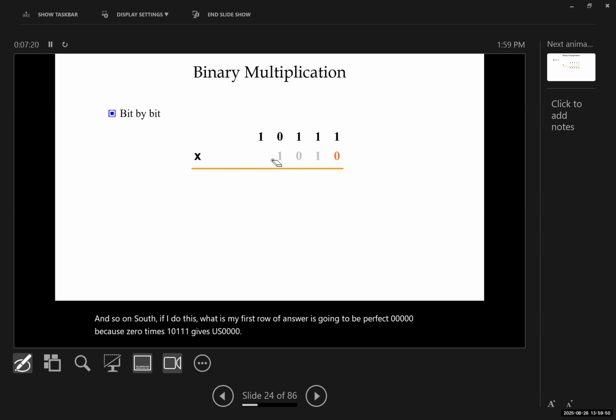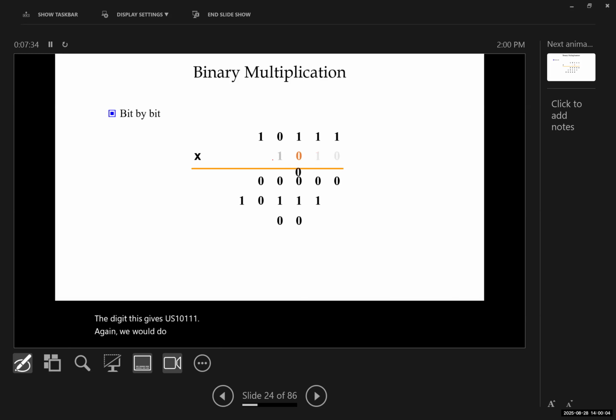Now we shift one digit to the left. Now 1 times the digit gives us 10111. Again, we would do another shift, 0 is going to give us 00000. And again, one other shift gives us 10111. Now, what do you have to do?